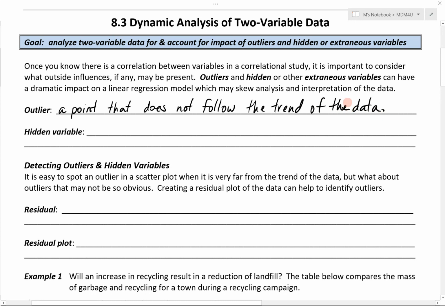And we can also have hidden variables. Outliers are on the graph of your data; hidden variables are not.